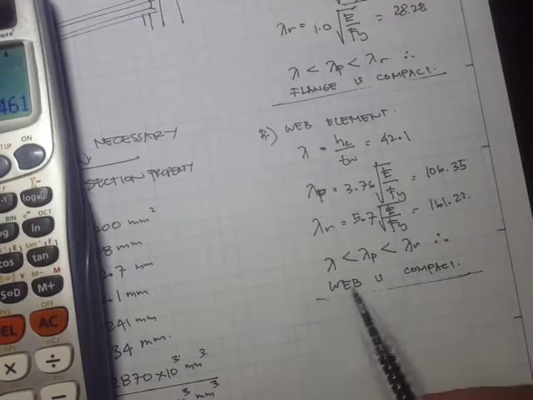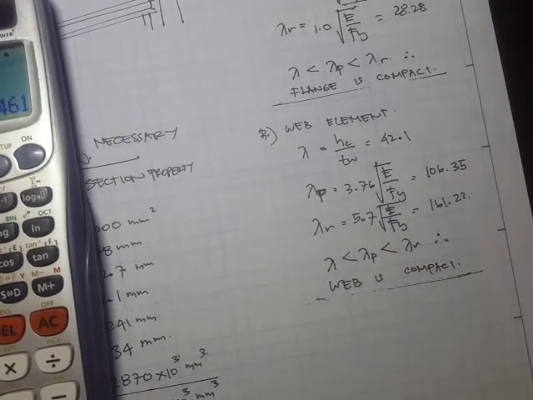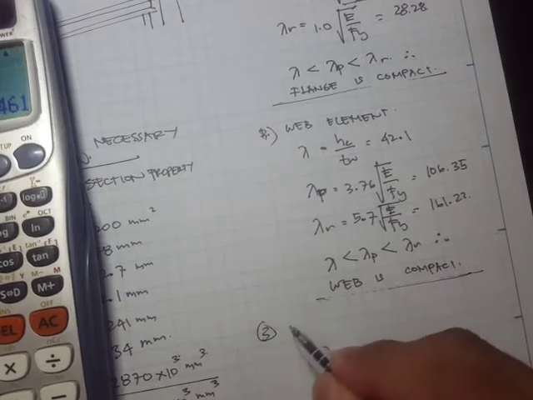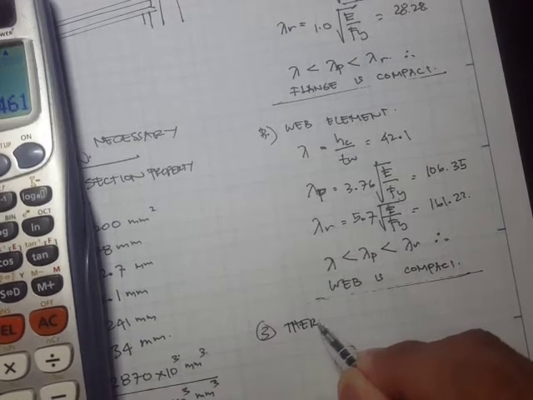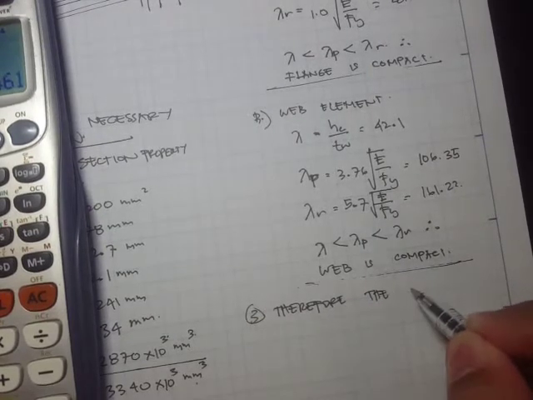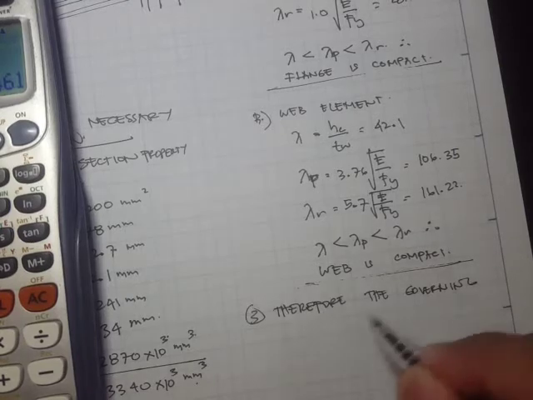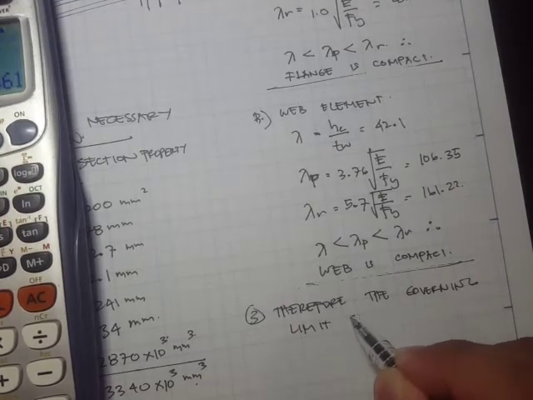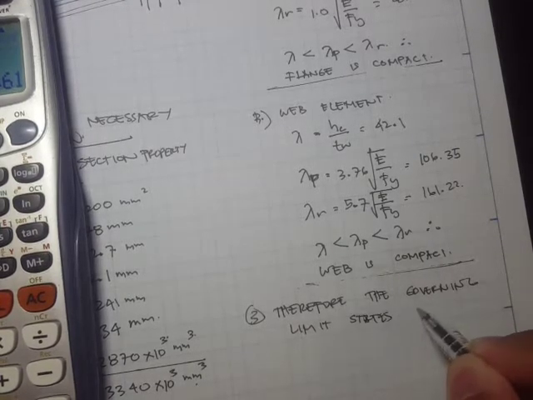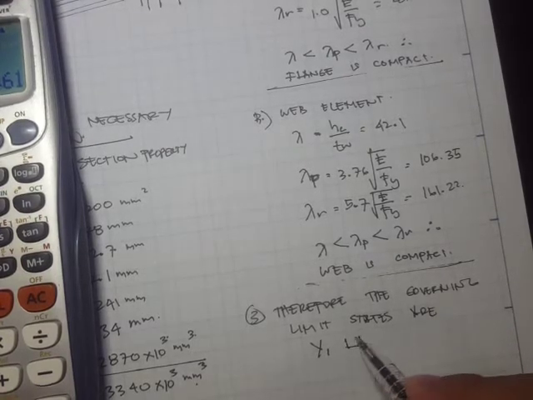Because we know that the flange is compact and the web is compact, then we know that the governing limit states are yielding and lateral torsional buckling.